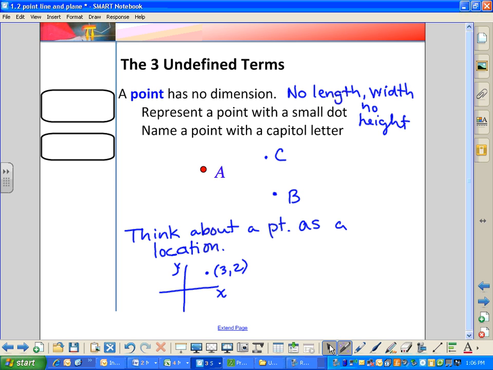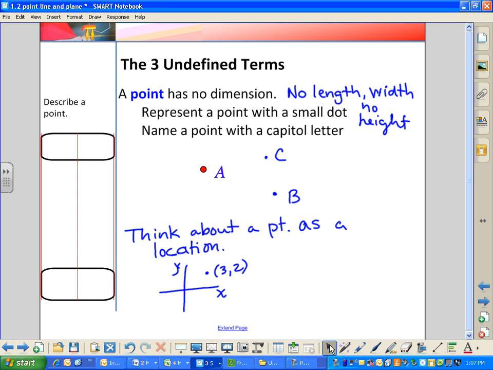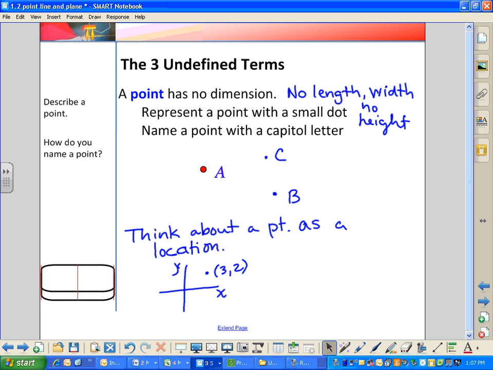Now in your Cornell notes, I want you to be thinking about some level 1 questions that should go along with the information. So this first one would be maybe what is a point, or how can you describe a point? And then another one might be how can you name a point? And this is that naming convention piece, or that labeling, so we label things correctly.